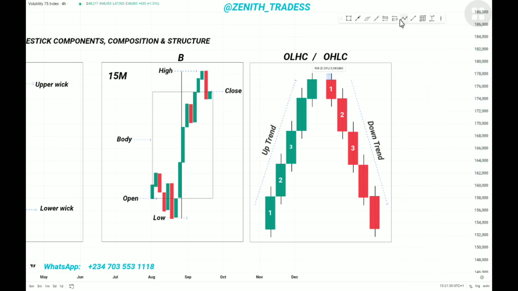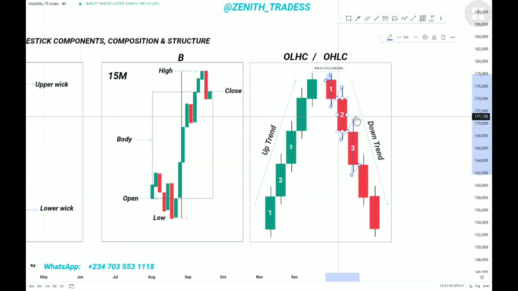The same way, in a bearish scenario, we have open, high, low, close, opposite. We see here, this is bullish: open, low, high, close. For bearish: open, high, low, close. So it's directly opposite. Where candle 1 closes is where candle 2 opens: high, low, close.